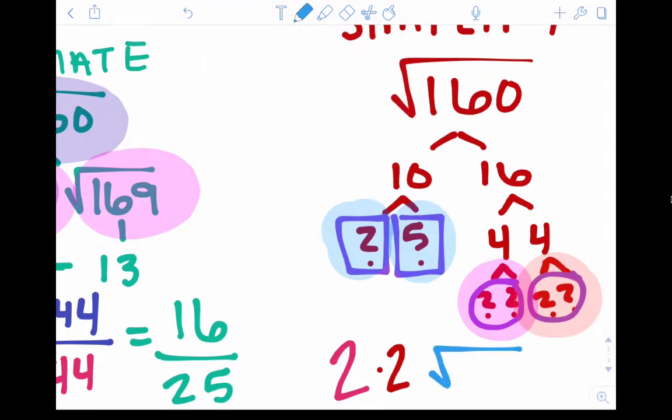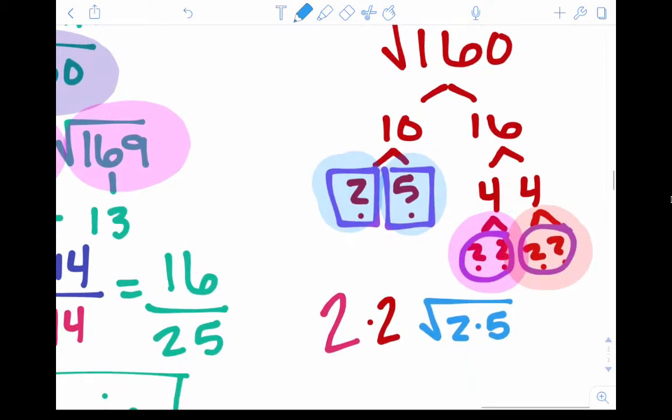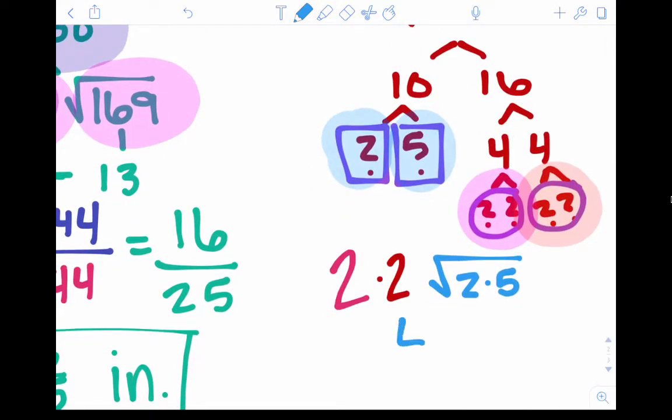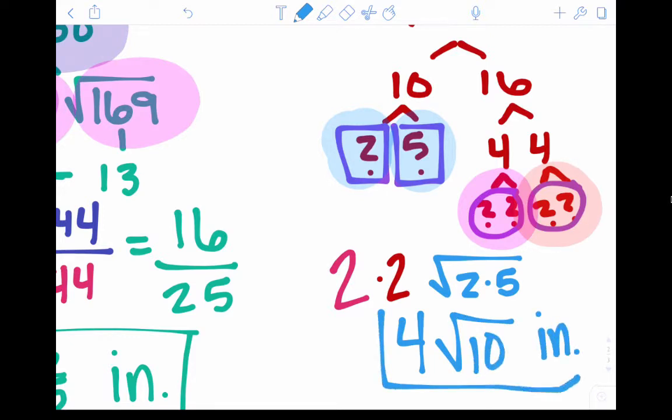So this is 4 rad 10, because 2 times 2 is 4, and 2 times 5 is 10. And of course, this is written in inches. So this answer is 4 rad 10 inches.